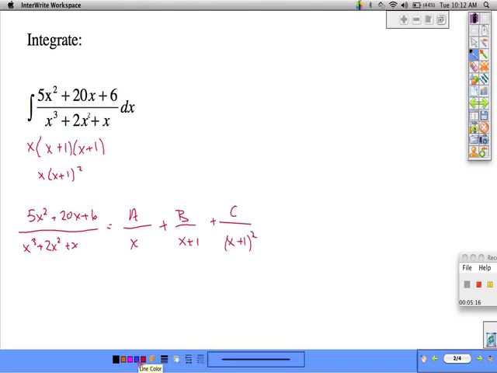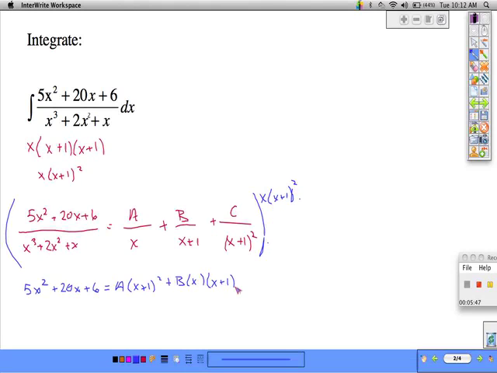Now remember, to clear out these fractions, we multiply by the common denominator. And this is the equation that we're left with.